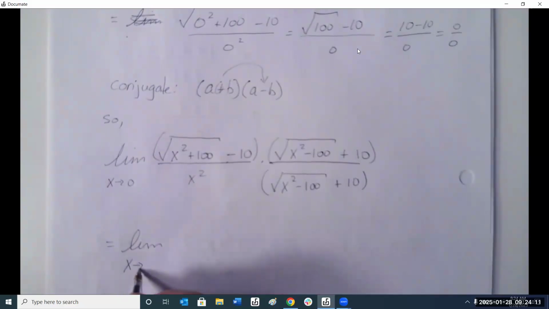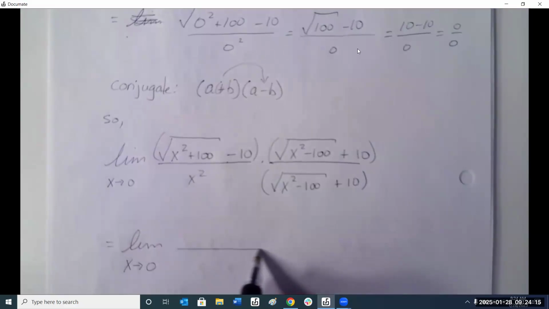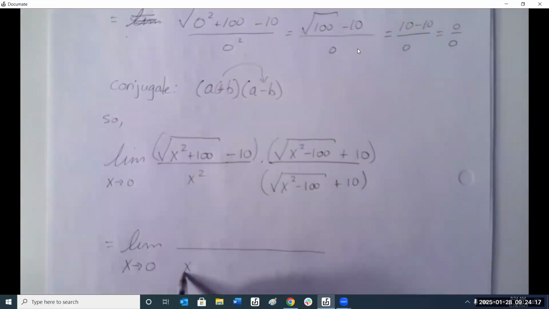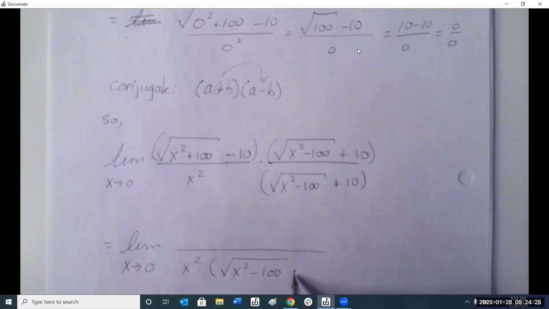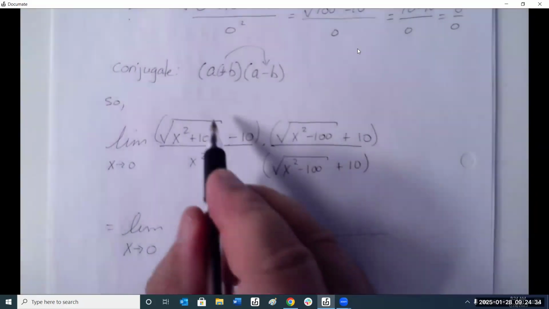Limit as x approaches 0. On the bottom, we have x squared times the square root of x squared plus 100, plus 10. So let's look at the top.